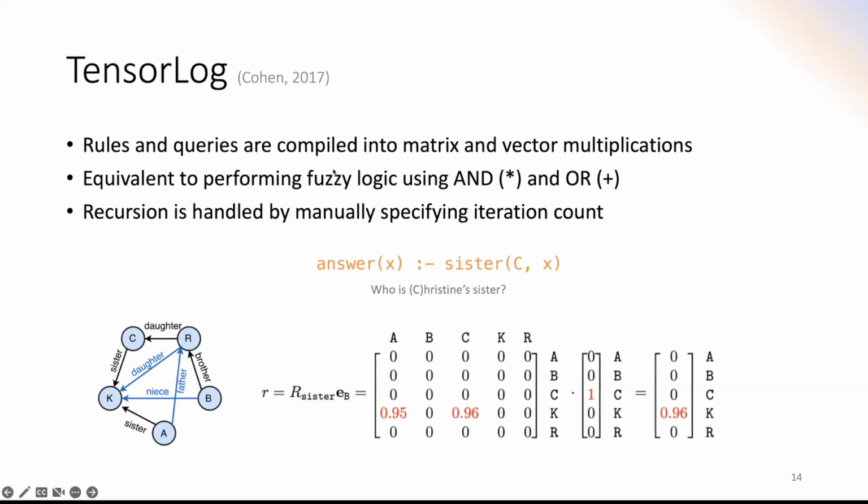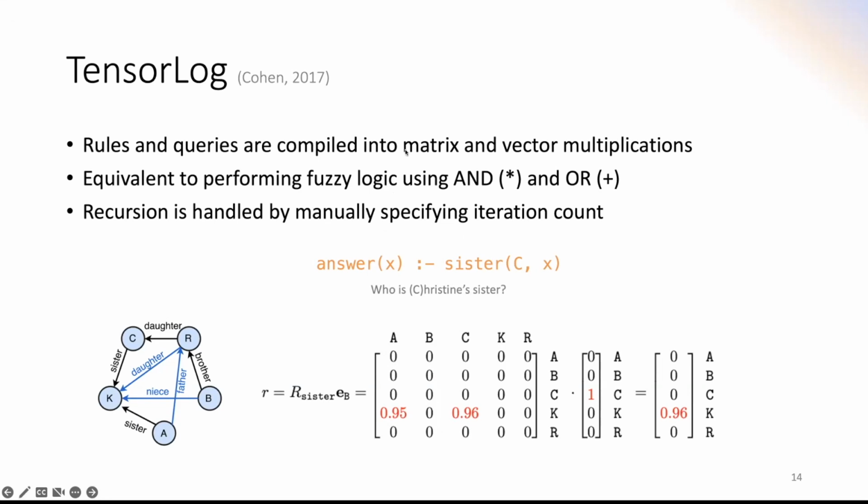In fact, right here, if I want to derive who is Christine's sister, this rule is automatically compiled into a series of matrix multiplications. We have Christine being represented by a single vector, and then the sister relationship is represented as a matrix. At the end, we can derive another vector which represents the variable x right here. So by this matrix multiplication, we can say that K is most likely Christine's sister.